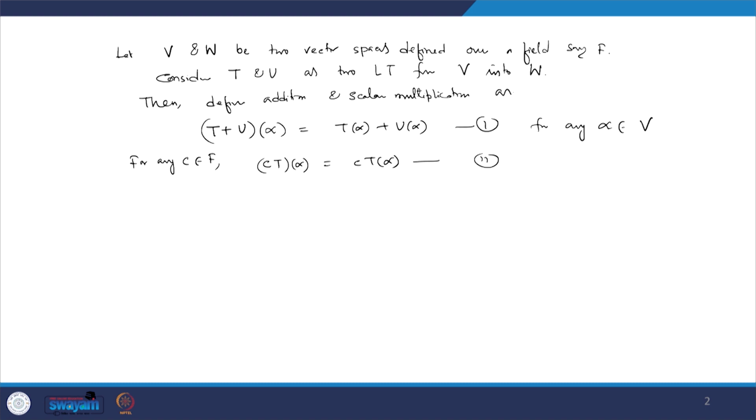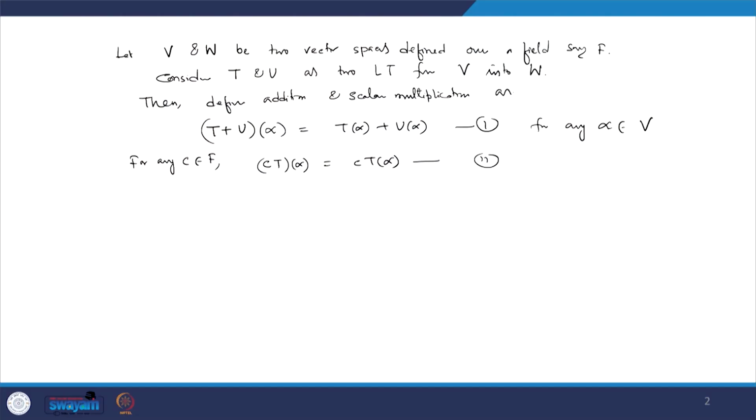But here I am not talking about T and U being any functions. I am saying that T and U are linear transformations from V to W, and we have defined the sum of two linear transformations T and U as T plus U of alpha equal to T alpha plus U alpha, and for any C belongs to capital F, C T alpha is equal to C of T alpha.